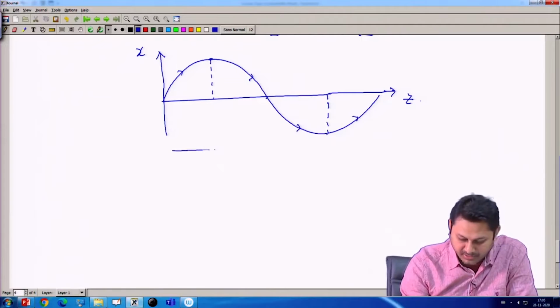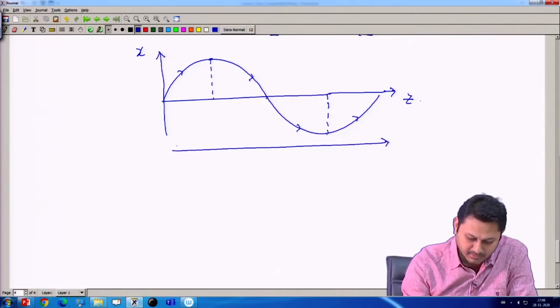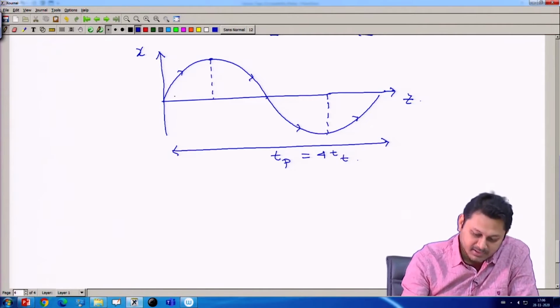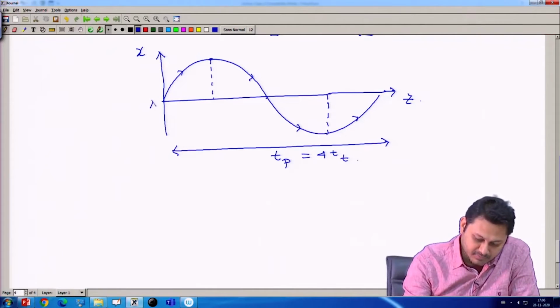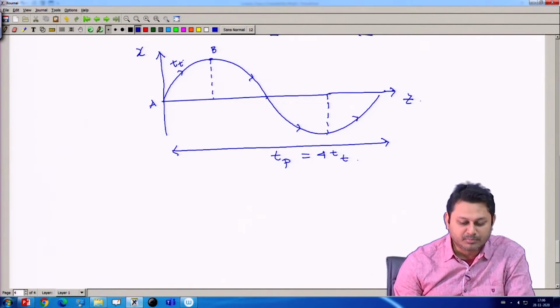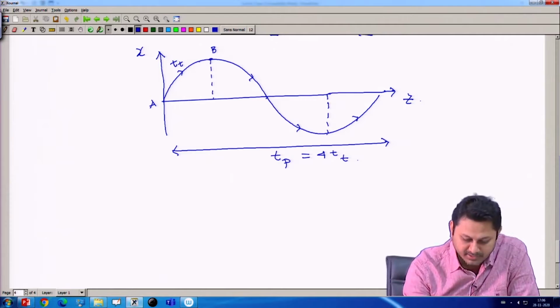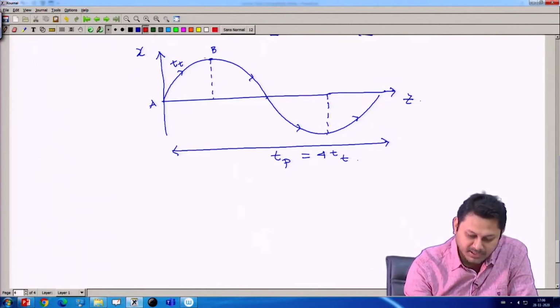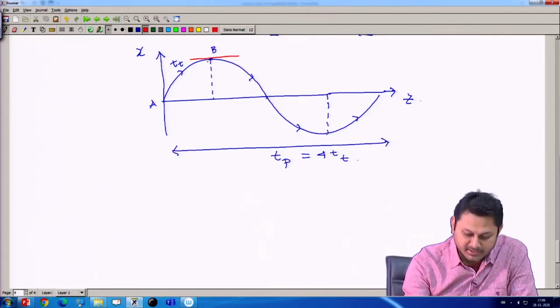If the full period is say Tp, then it is nothing but 4 Tt. What is Tt? If A and B are there, this is the time the ray takes to reach the point B, the point from where the ray is turning back. Initially it is going forward, but at point B it is now turning back.